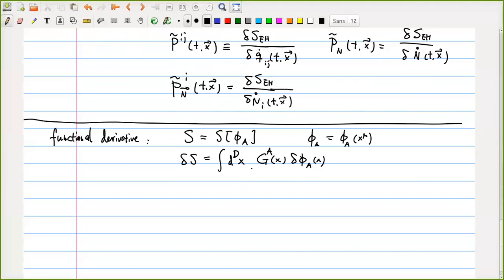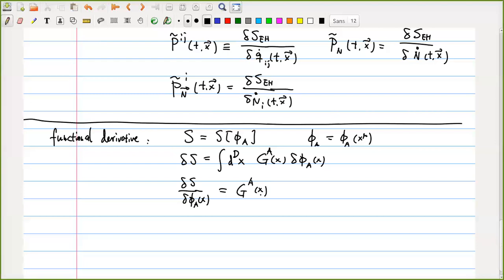This is just your knowledge of the variational principle. Once you have this formula, you can define the functional derivative: delta S over delta phi_A(x) just equals g_A(x).